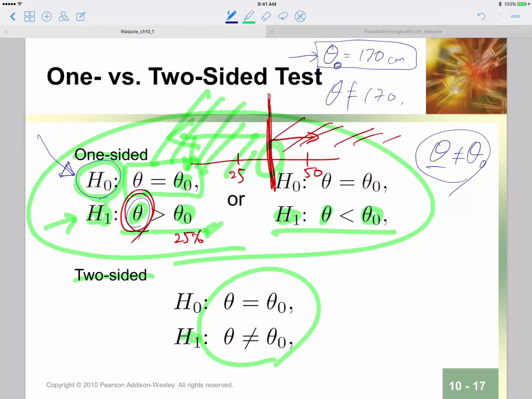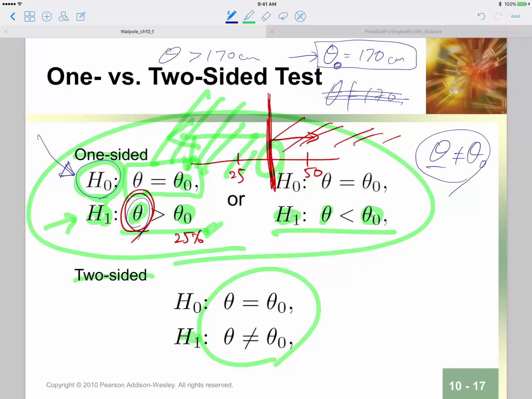In this case, we call it a two-sided test. But suppose our claim is that theta is greater than 170 centimeters. Then we are specifically claiming that theta is greater than a previously believed value, the null hypothesis value.